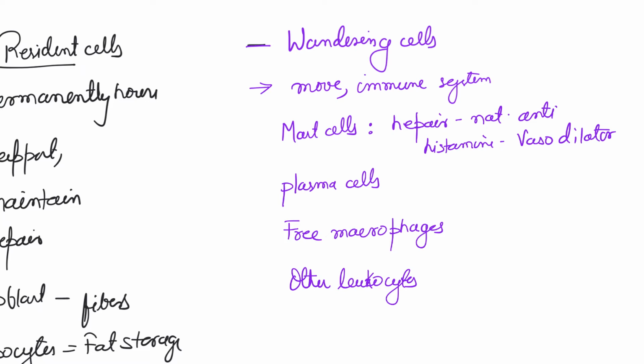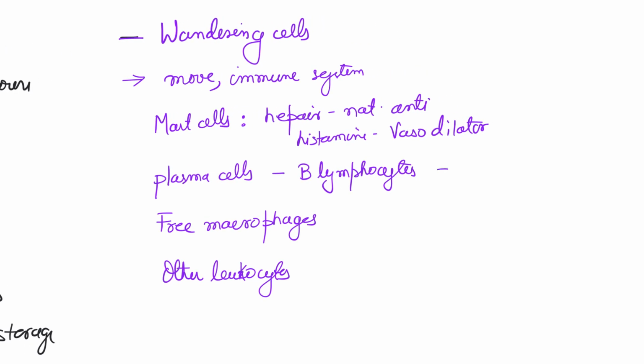Okay. Plasma cells. Plasma cells are again differentiated B lymphocytes. Now, once again, jargon, don't worry. B lymphocytes are once again a type of white blood cell. They are your protective cells. And very specifically, the plasma cells are the ones that are going to secrete a lot of antibodies. Generally they are in the blood, but they keep on moving here and there.